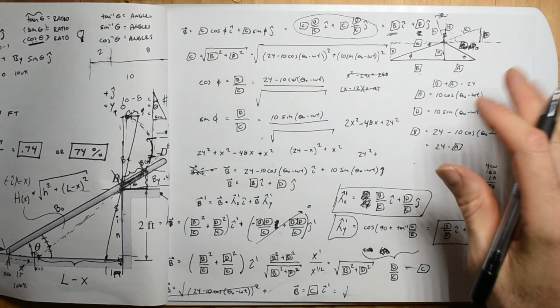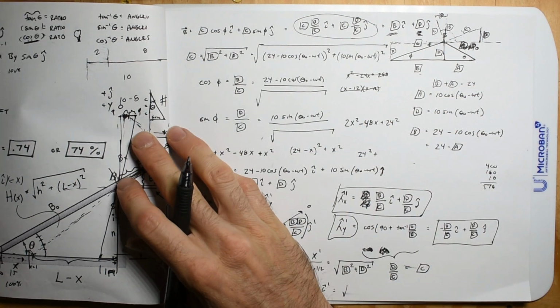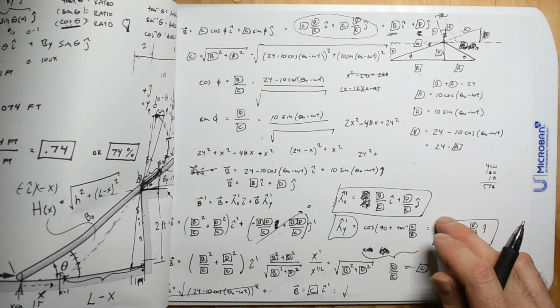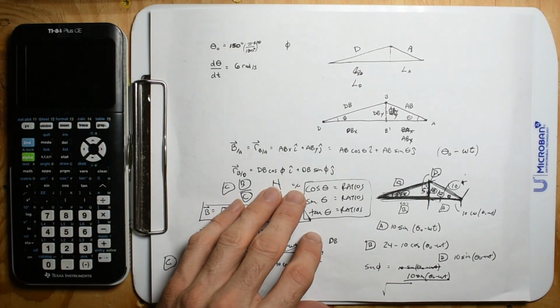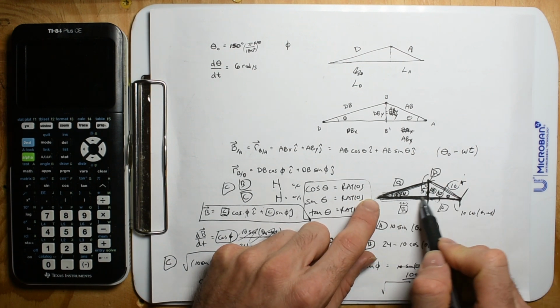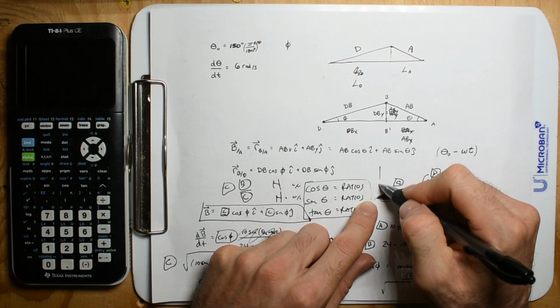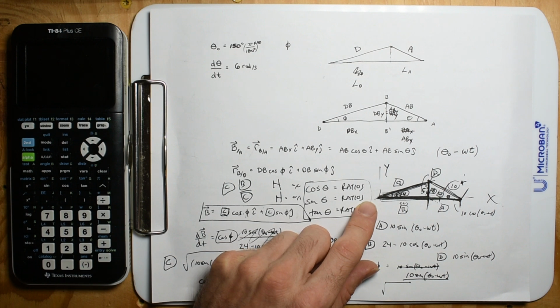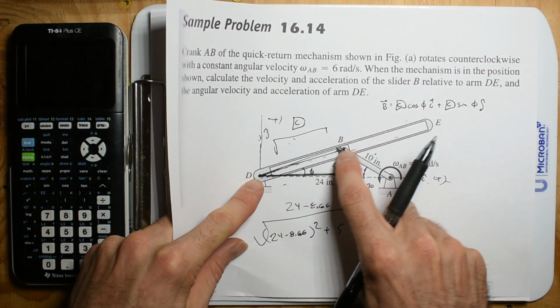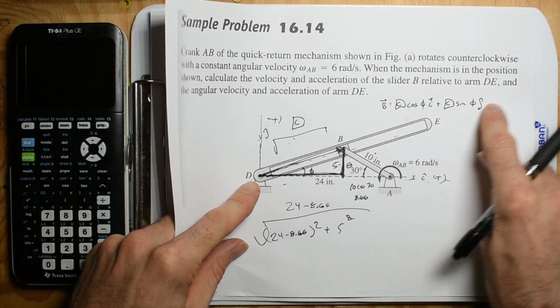Then there was another thing. Now we know where this location is in terms of the x-coordinate and the y-coordinate. But the problem statement says we want to find this position relative to this angle.